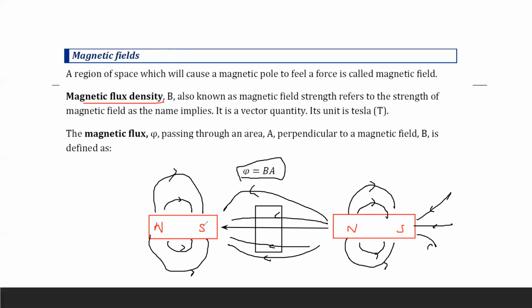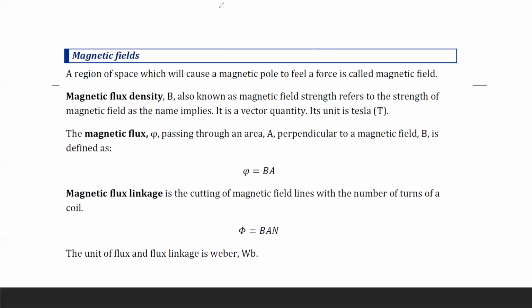A stronger magnetic field means higher magnetic flux, and a larger area will also show greater magnetic flux. But it is always measured perpendicular, like how many field lines pass perpendicular to the surface area. If the magnetic field is making a certain angle, then we resolve the magnetic field into components and find the flux.